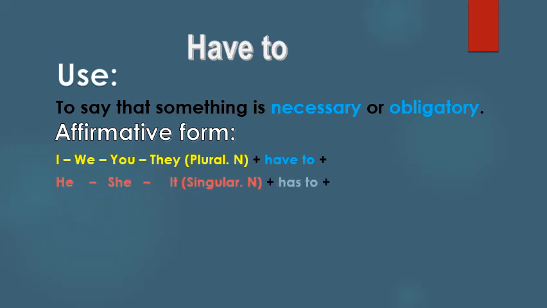And if the subject is he, she, it or any singular noun إذا كان الفاعل من ضمائر المفرد أو أي اسم مفرد we add has to plus base form or verb 1.